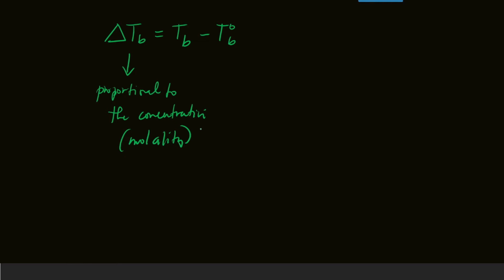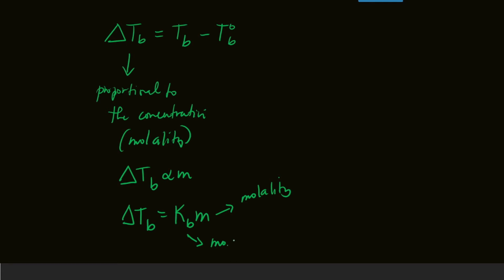So we have ΔT_b equals K_b m, where m here is the molality. Your K_b here is the molal boiling point elevation constant. The unit for K_b is written as this.